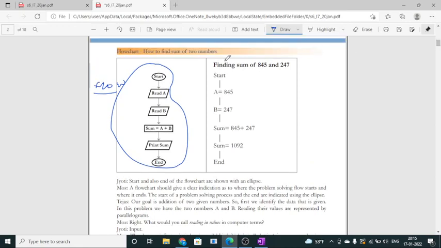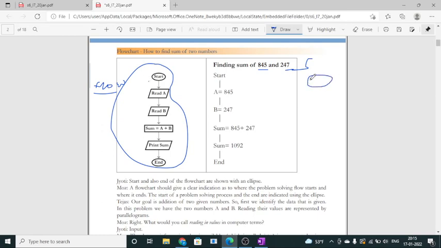Okay. A question comes to you: find the sum of 845 and 245. Whenever you are starting a flowchart, always write start in a circle.